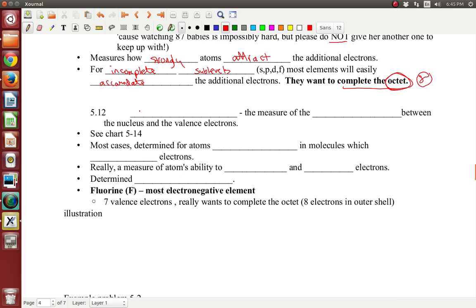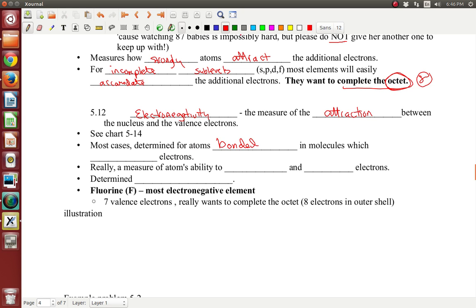Now, electronegativity is super important. And this is something we're going to deal with a lot. Electronegativity is the measure of the attraction between the nucleus and the valence electrons. In most cases, it's determined for atoms bonded.